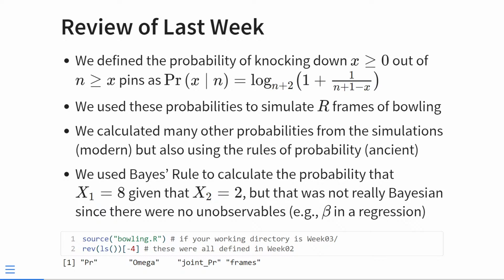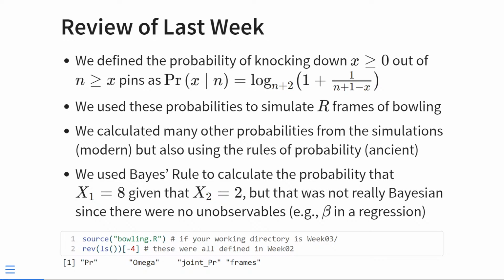Okay, so just to review a little bit from last week, we started off by defining the probability of knocking down x out of n pins in bowling with this function involving the logarithm to base n plus 2 evaluated at 1 plus 1 over n plus 1 minus x.